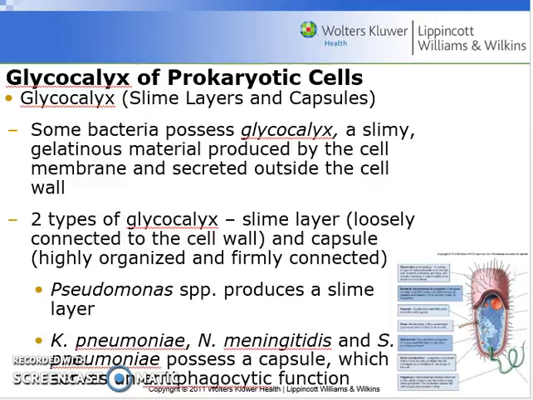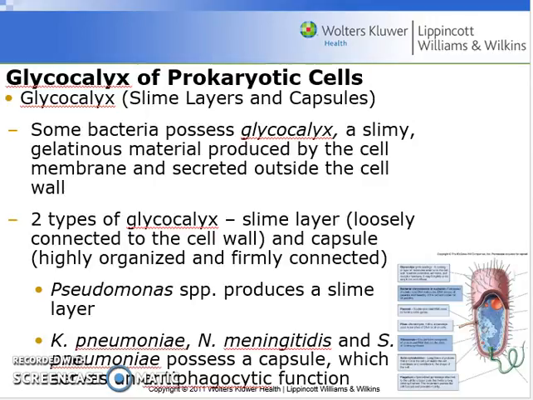Because of the capsule, these bacteria are not able to be phagocytized by your immunity cells, and if they're not phagocytized, then they're not broken down, and then they're able to grow and develop inside the body and induce infection, which is what makes them pretty dangerous.